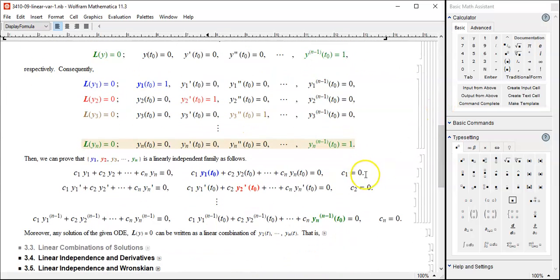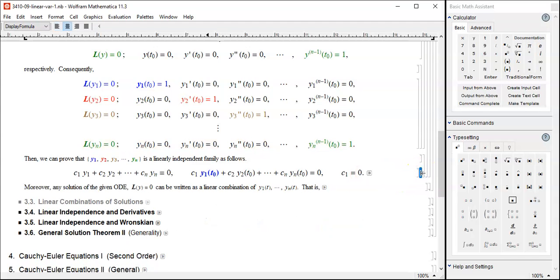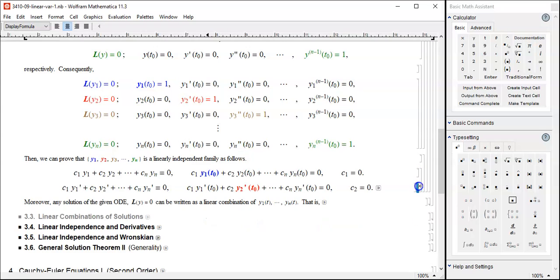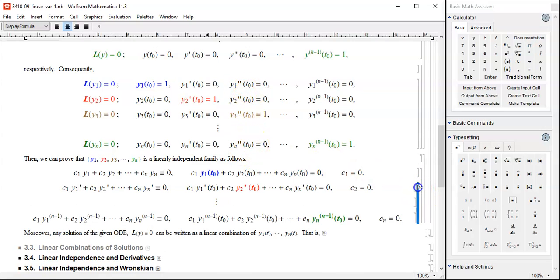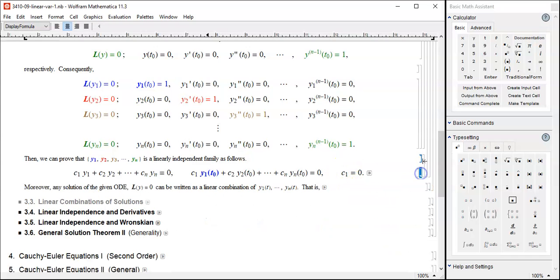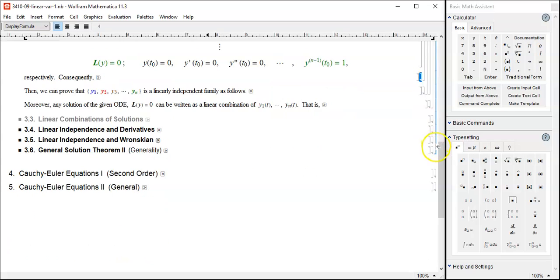And then we start from the linear combination, plug in t equal to t0, and use the first column here to conclude c1 is equal to 0. And then we take the derivative, plug in t equal to t0, and use the second column here, so c2 is equal to 0. And then repeat the idea, take the derivative and use the third column. And so on. We repeat, and you're going to get all the coefficients, c1 through cn, are all zeros. So that completes the proof.